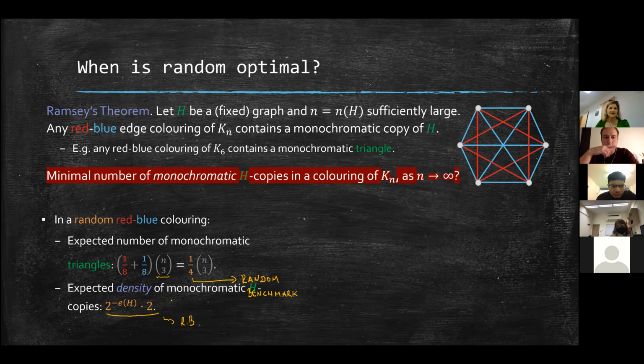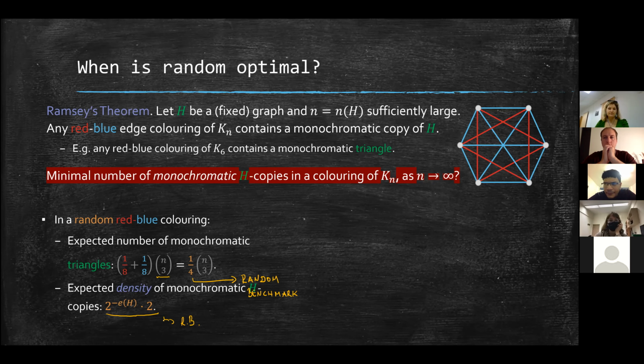You can just say for each triangle, what's the probability that it's monochromatic, and that's your expected density of monochromatic copies of H. Throughout this talk, we'll work with this density. And all our colorings will be red and blue, so it'll always be just 2 colors, not more.